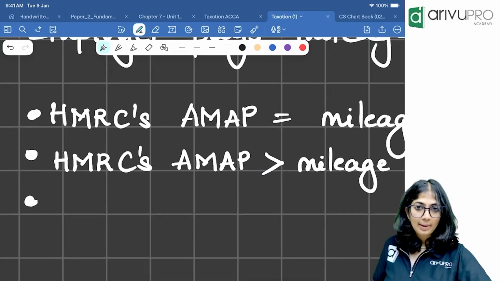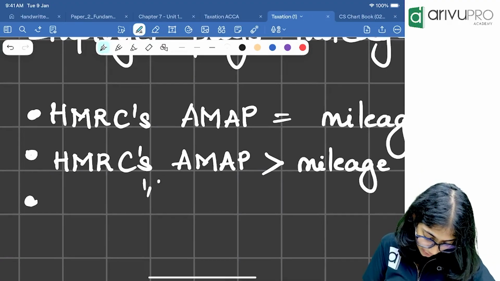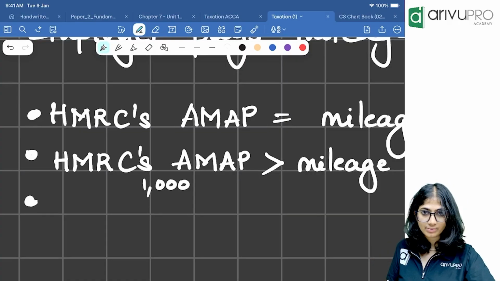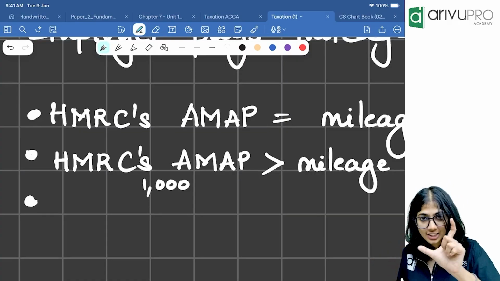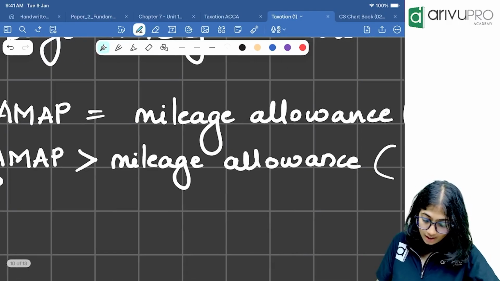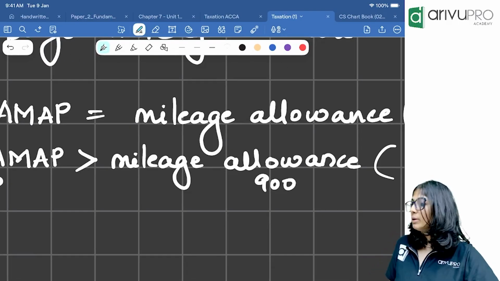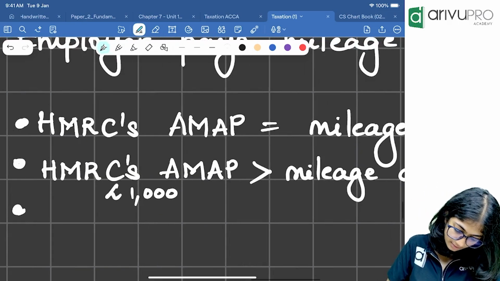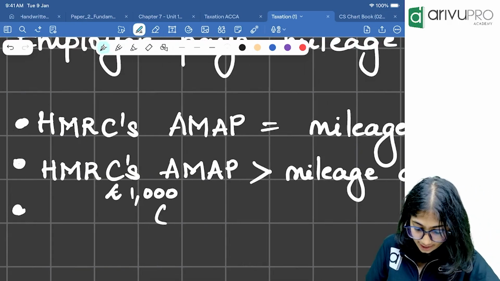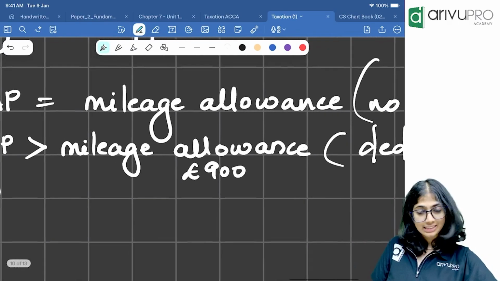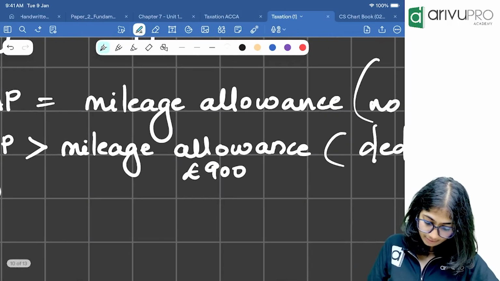According to the AMAP, you are supposed to have 1,000 pounds of deduction required. Mileage allowance benefit, they had provided only £900. You're supposed to have a deduction of £1,000. Mileage allowance is a benefit that is given to you, correct?